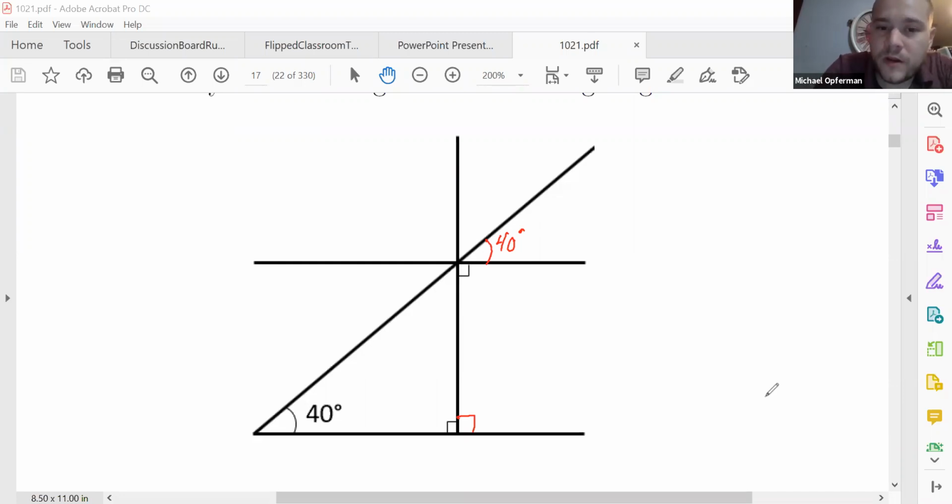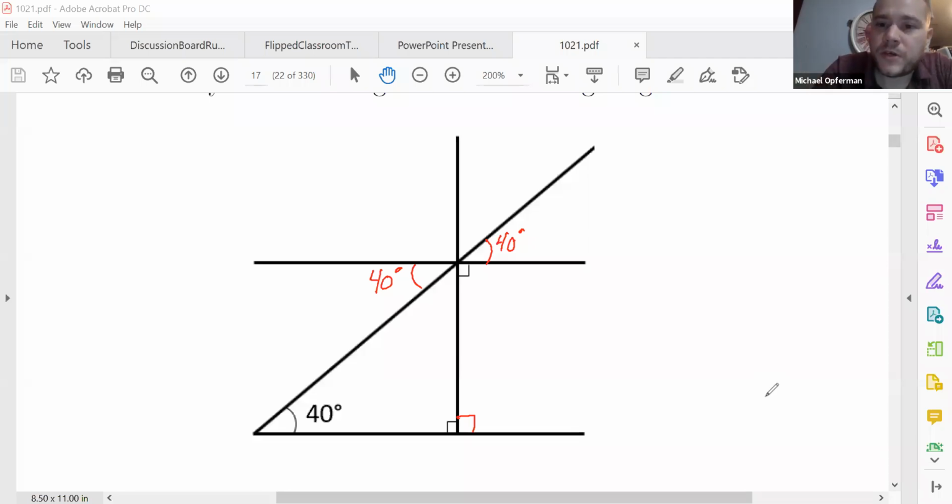And if that's a 40-degree angle, this is also a 40-degree angle. First of all, it's an alternate interior angle to the given angle, and also it's a vertical angle to the first one I mentioned. So doubly certain that that one is also a 40-degree angle.